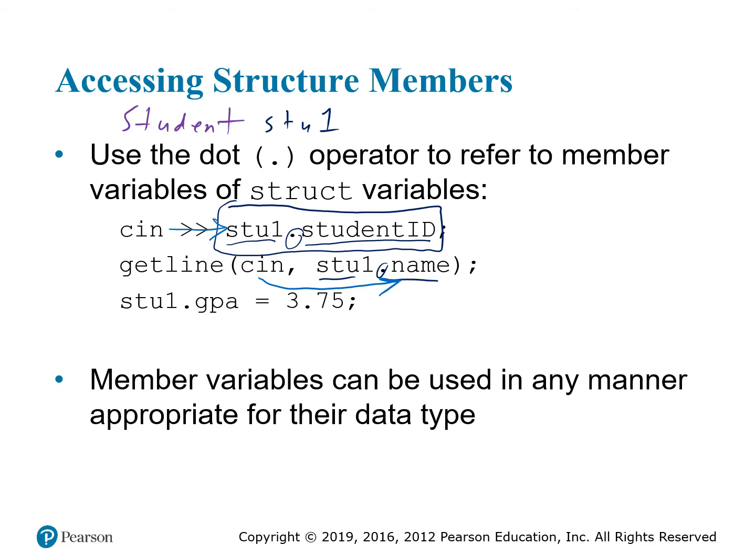I can use the equals assignment operator to stuff 3.75 into stu1.gpa. Okay, all of those are just accessing one part of my struct at a time, and then they behave like normal variables.